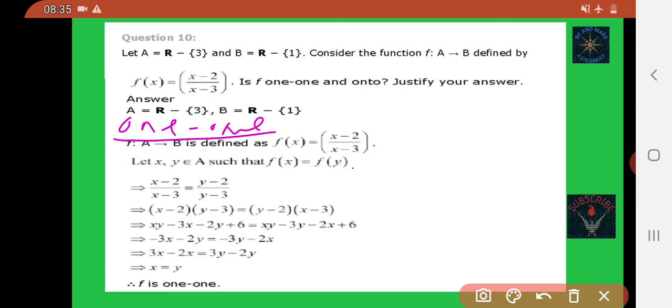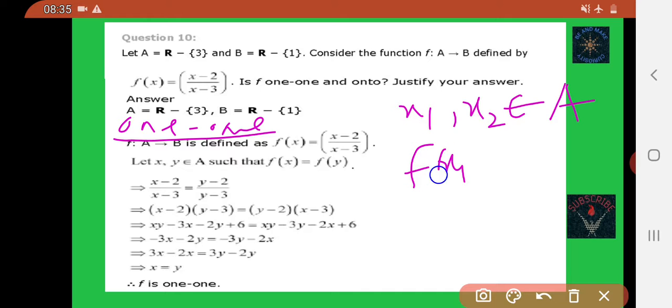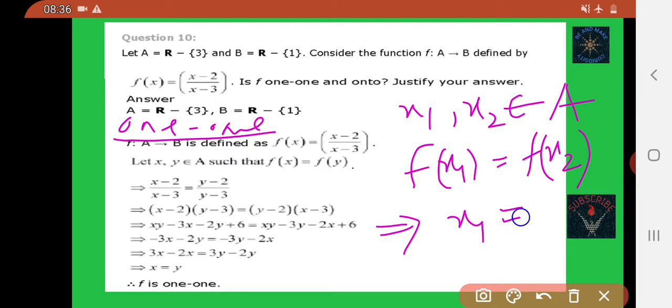If we take any two elements like x1, x2 belonging to set A, such that f of x1 is equal to f of x2, and we simplify it, if we are getting x1 is equal to x2, then this function is one-one.